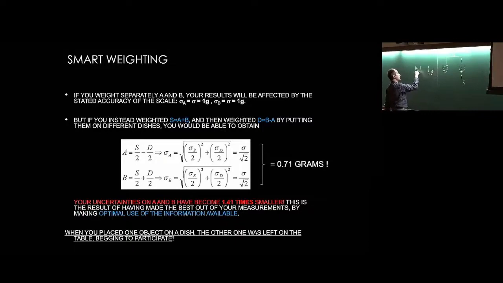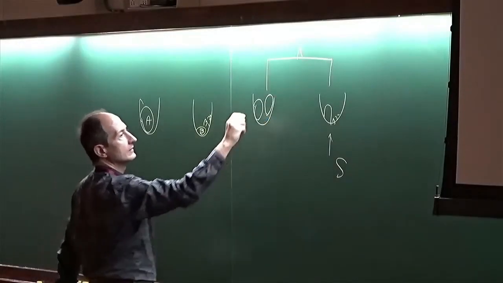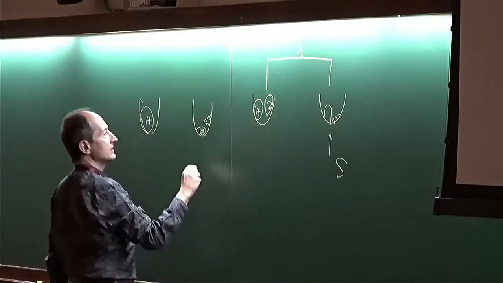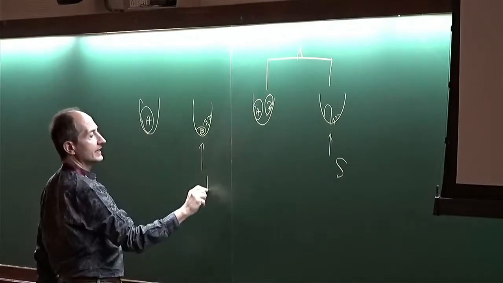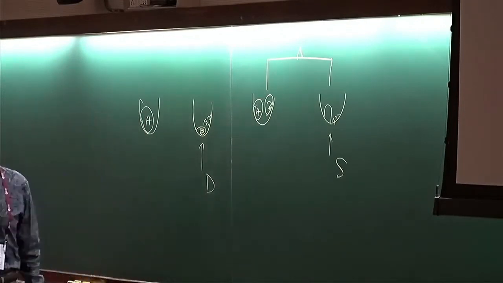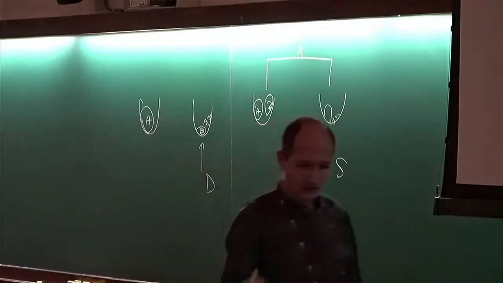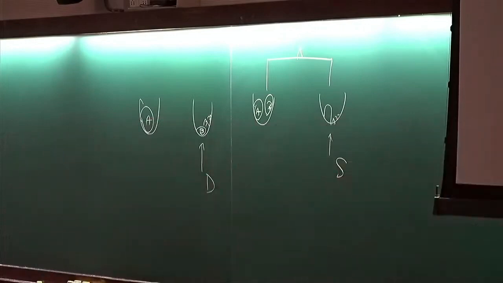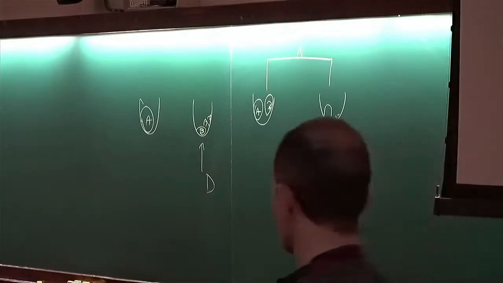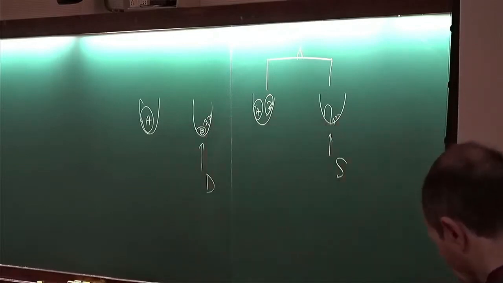So this is A and this is B. And in this case, I get the difference of the two weights. Only one measurement in each case, and it's not an average, okay? But each of these estimates is affected by an uncertainty, and the uncertainty can be computed by error propagation. All right.